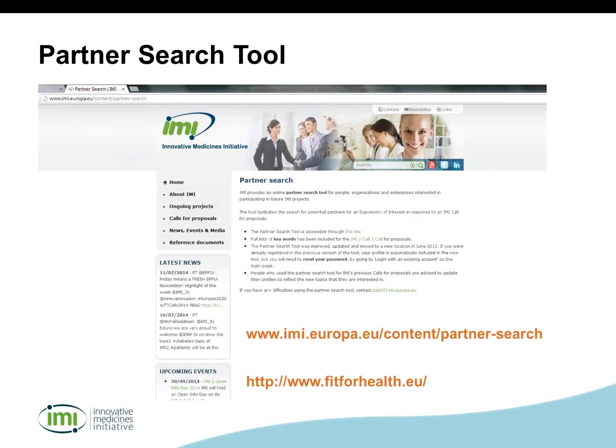If you are looking for partners, you can try to use our partner search tool and advertise your interests, but also try other possibilities, other platforms, for example, Fit for Health or different partnering platforms on country-specific, for example. But most of all, try to engage with your scientific networks.